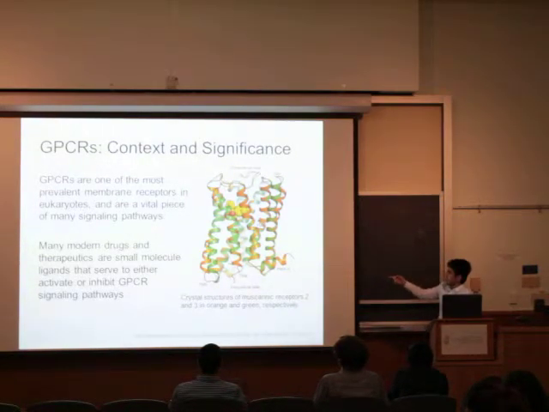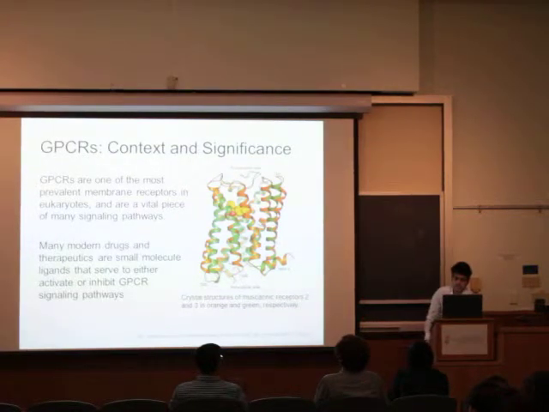This is from a big paper by Brian Kobilka, who actually got a Nobel Prize for finding crystal structures of GPCRs. That yellow and red blob is acetylcholine, the ligand of the muscarinic receptors, so it goes inside and interacts with the helices.